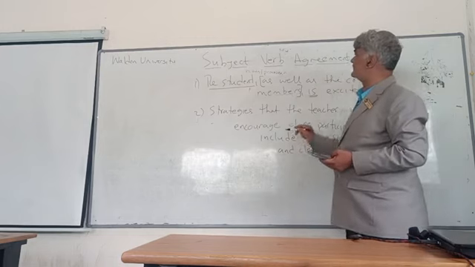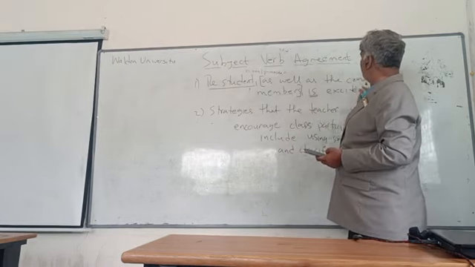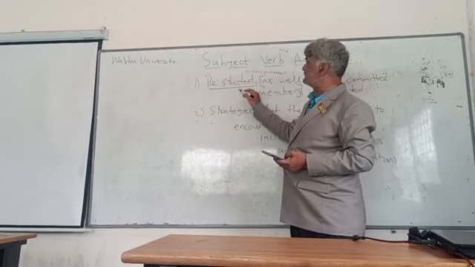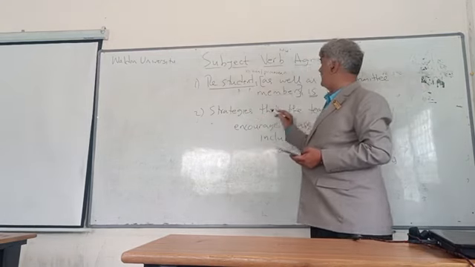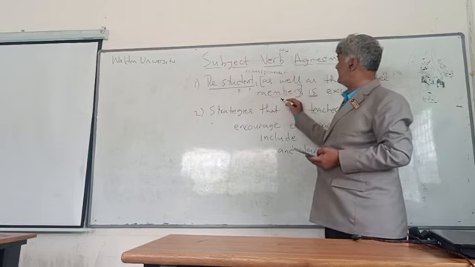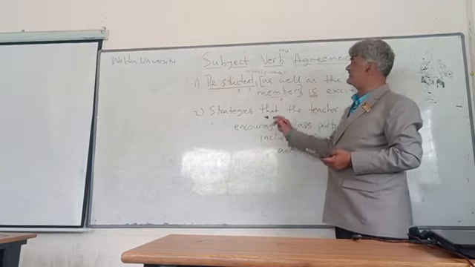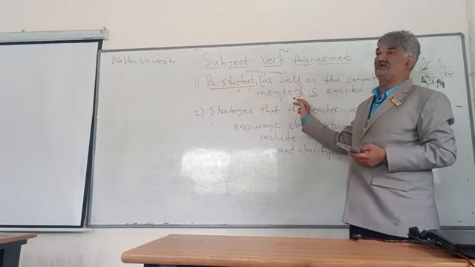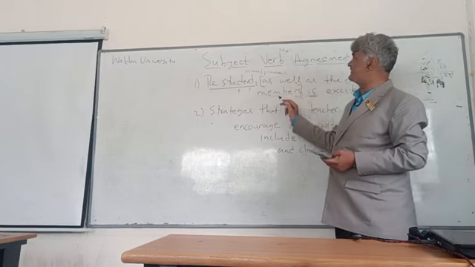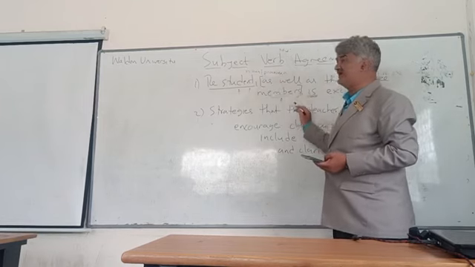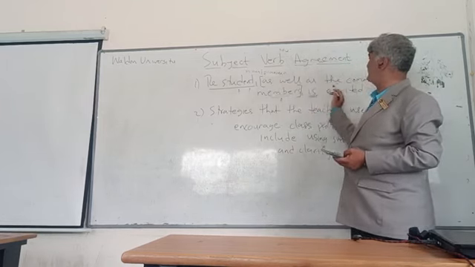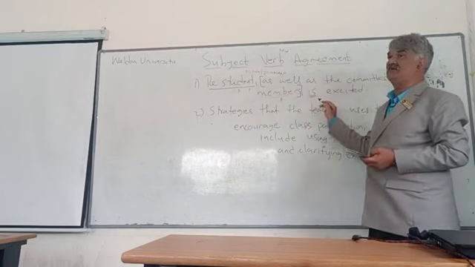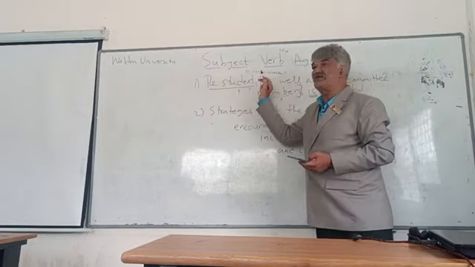Okay, so let's see how many nouns there are in this sentence. So the student is one noun, it's a common noun, and members is the other common noun. Now as you can see, the student is a singular noun, members is a plural noun. Now the rule states when a phrase like this, as well as the committee members, comes between the subject and the verb, the verb will still agree with the subject.